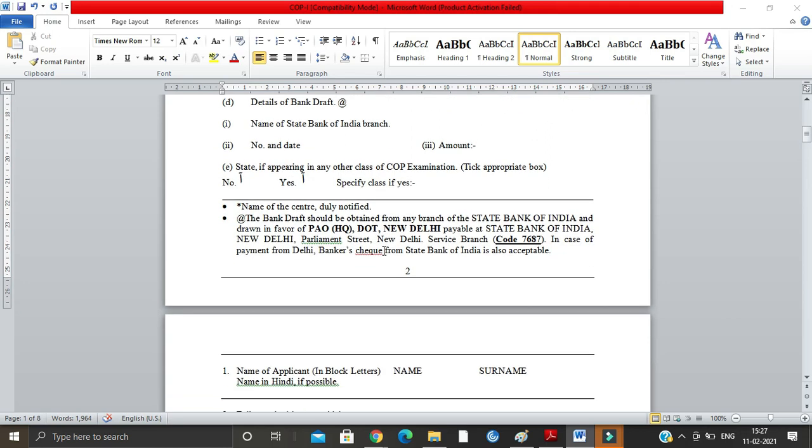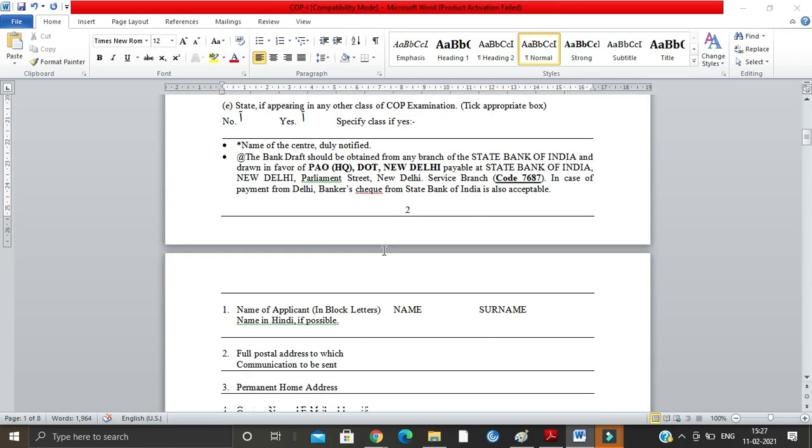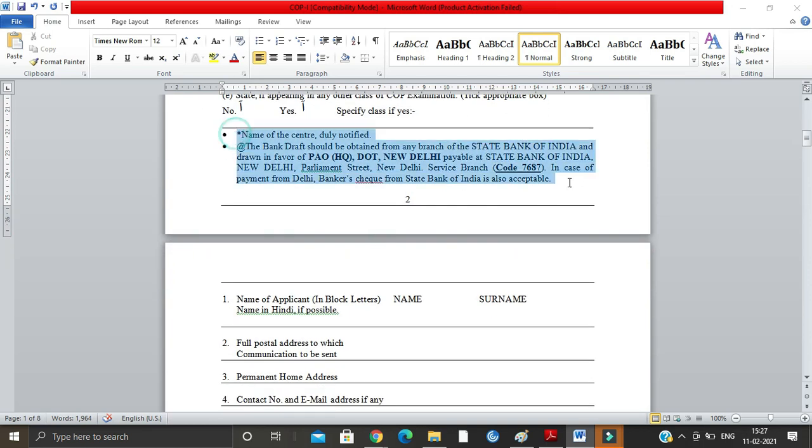Then do not look at this part, because again I'll say this form is 10 to 15 years old. This was the case where you had to make a demand draft in favor of this, but that was changed afterward, though the form is not changed yet.